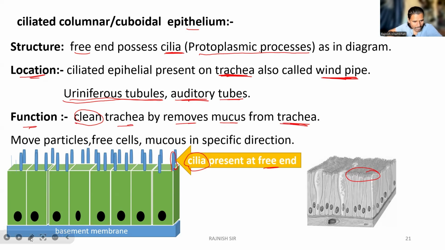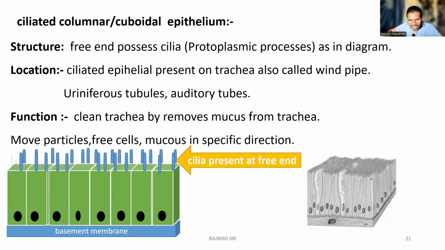Let me try to explain. This is the diagram you can see, in grayscale. For example, this red dot is something like mucus. These cilia will create movement in a single direction.